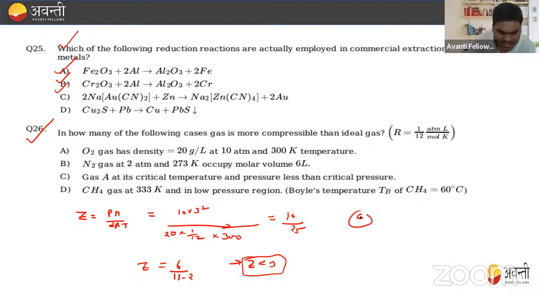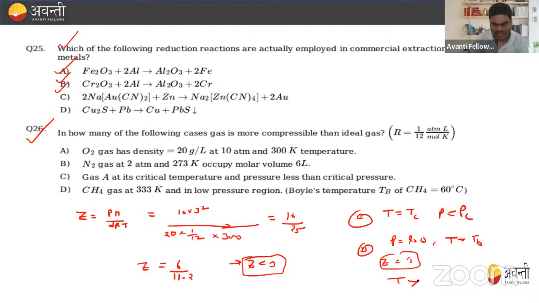And in option C, you will observe negative deviation when T is equal to the critical temperature and P is less than the critical pressure. And for option D, when the pressure is low and the temperature is high, Z is equal to 1.